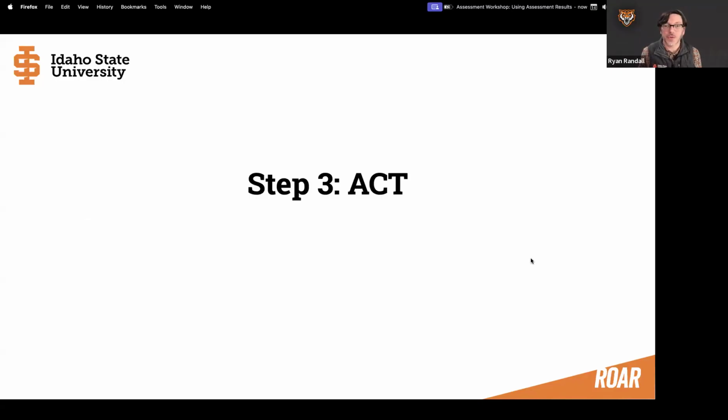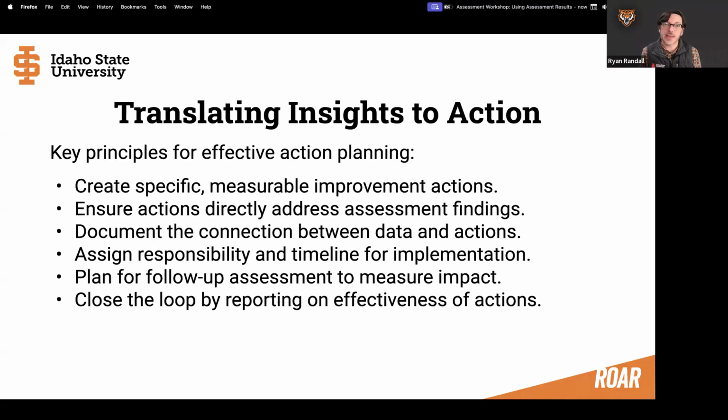Yep. And so the last step is ACT. Some of the key ways to help make sure that you're translating your insights to action, these are some of the key principles. First of all, make sure to create specific and measurable improvement actions. If you were here for some of the earlier workshops, they really focused on having measurable improvement actions.